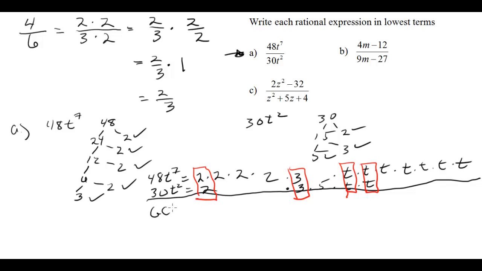So the GCF is going to equal 2 times 3 times t times t, which, 2 times 3 is 6. T times t is just t squared. All right, so now I have, what's my original? It's 48 t to the 7th.